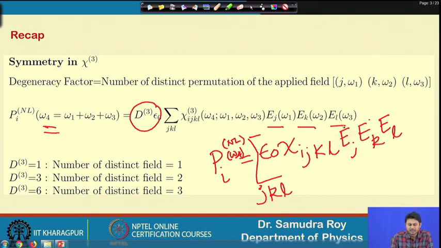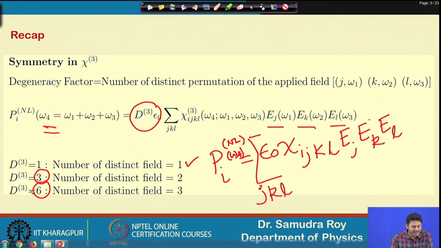If they are all the same, then we have one distinct field and D equals 1. If two of them are the same and one is different, then we have a value 3 here, and if none of them are the same, so three totally distinct fields, then we have a degeneracy factor of 6.